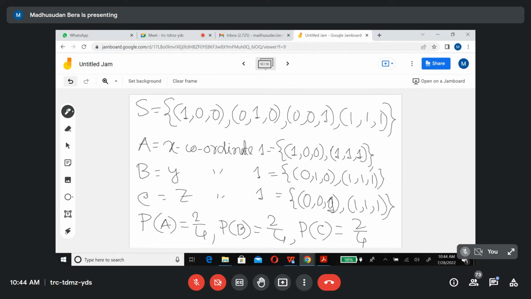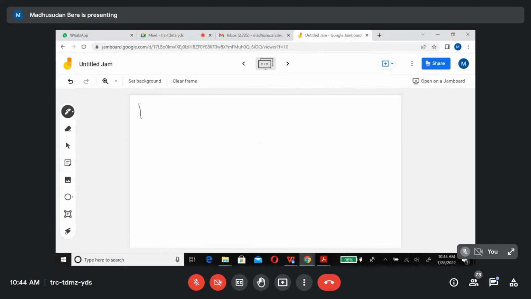So what is A intersection B? x coordinate 1, y coordinate 1, so that is 1 1 1. What is the probability of A intersection B? 1 by 4.